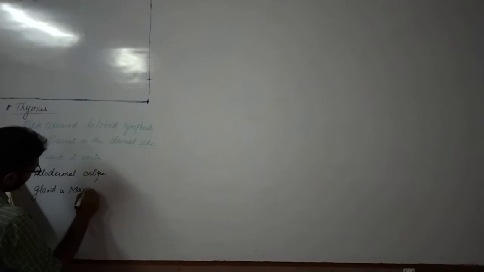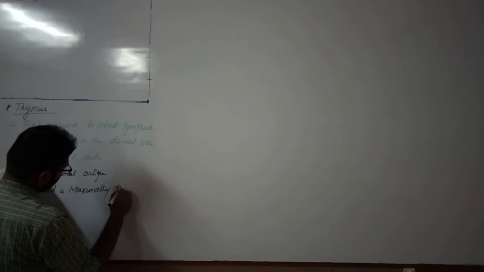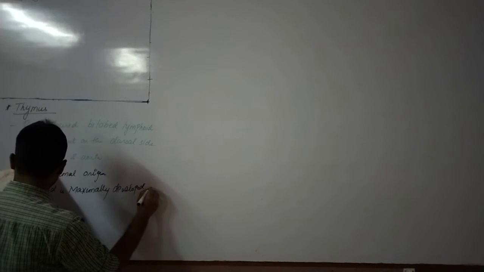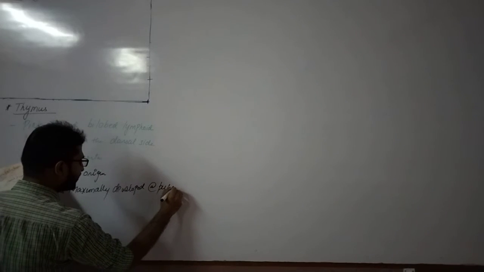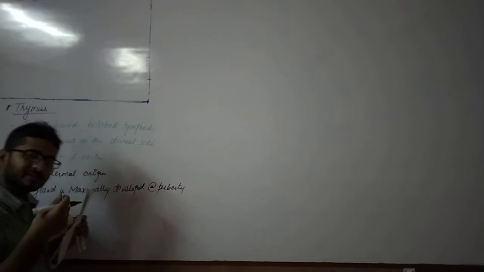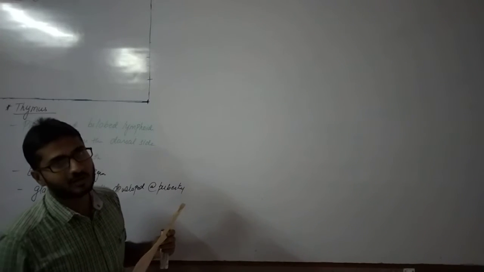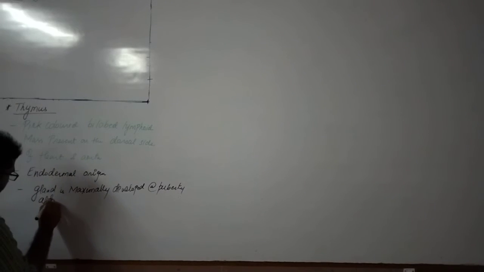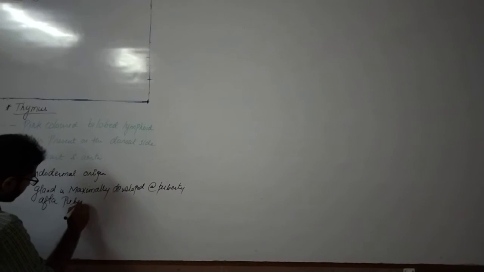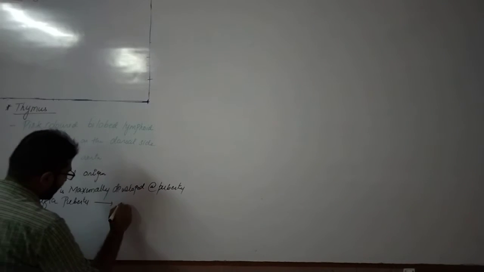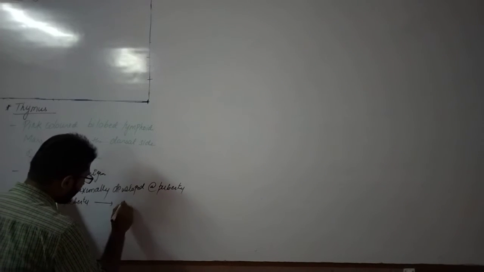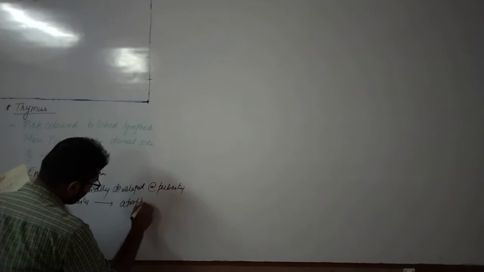So this gland is maximally developed at puberty. That means when the growth takes place, the development of this gland also takes place. At puberty, it is developed maximum, and after puberty, it undergoes atrophy, whatever you want to say, right?